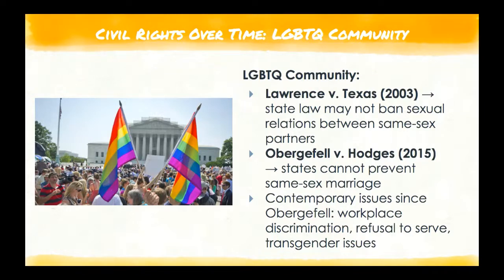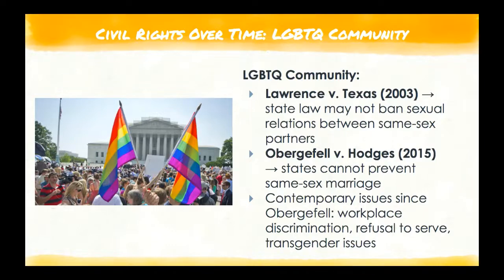We're seeing a lot of contemporary issues, specifically because that Civil Rights Act of 1964 doesn't include LGBTQ persons when it defines a lot of these protections. So what we're seeing is workplace discrimination, refusal to serve people who are in a same-sex relationship, right? Because that Civil Rights Act doesn't define LGBTQ persons as those who merchants cannot refuse service to.